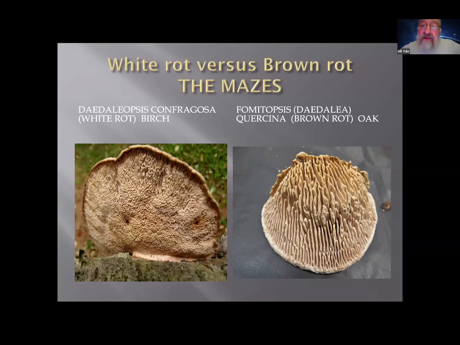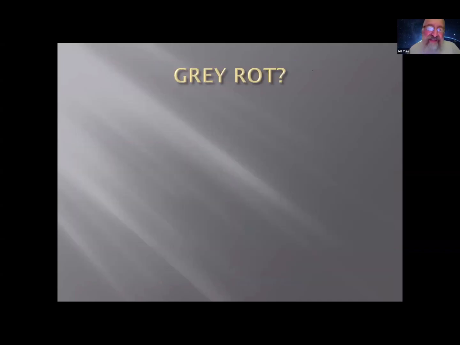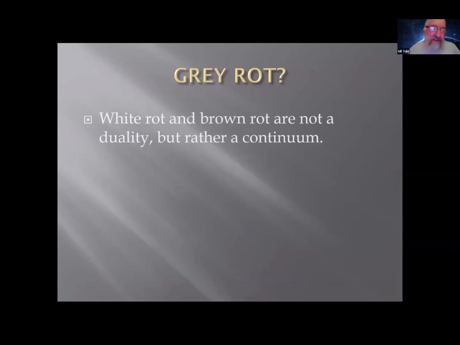And so we're now going to treat this as a Fomitopsis because it's a brown rot fungus. Fomitopsis is the brown rot, heart rot of oak trees, and all of the Fomitopsis are brown rotters. And so I think it's a good idea to keep the Daedalea in Fomitopsis with the other brown rotters.